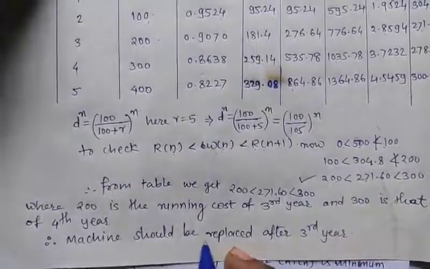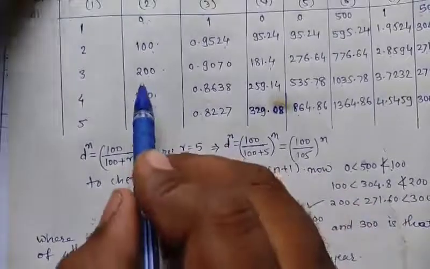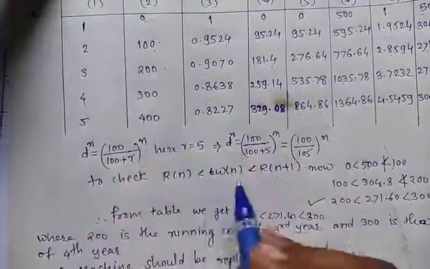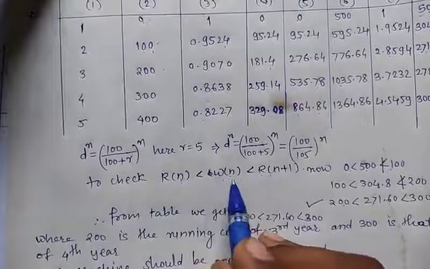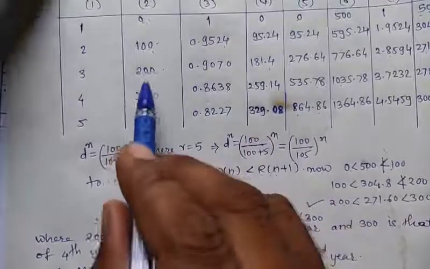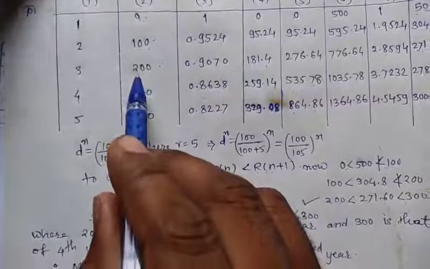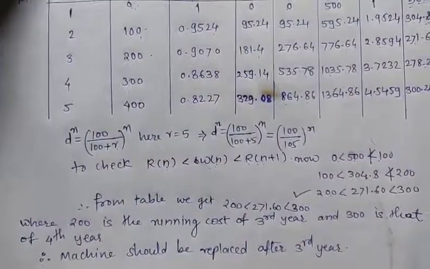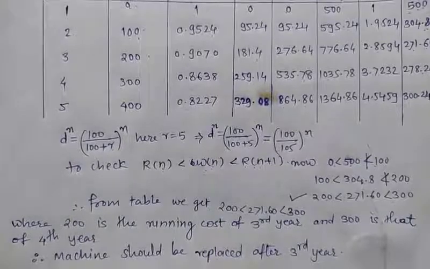Therefore, machine should be replaced after every third year, because it satisfies this condition: R of n is less than W of n less than R of n plus 1. Therefore, we should replace machine after every 3 years. Okay, we will stop here. Thank you.